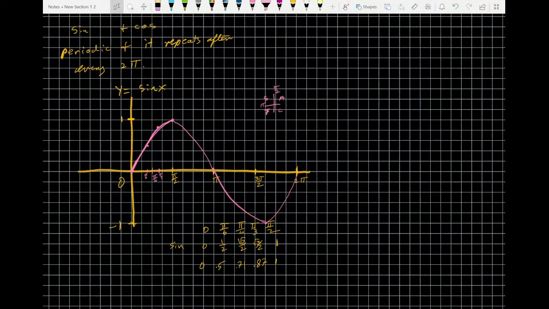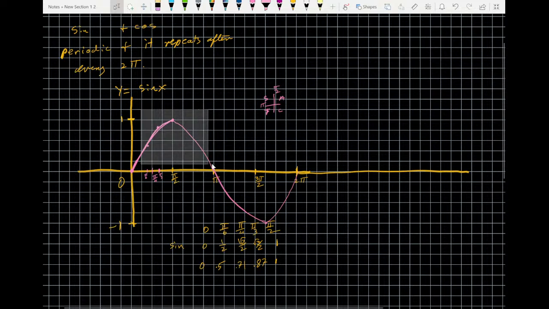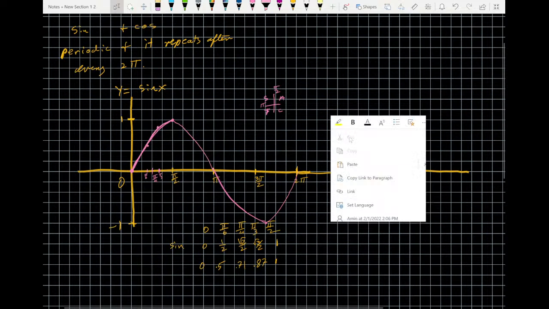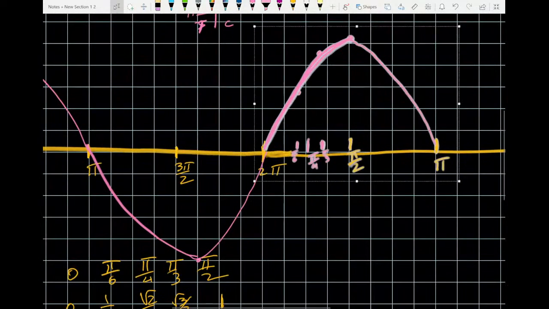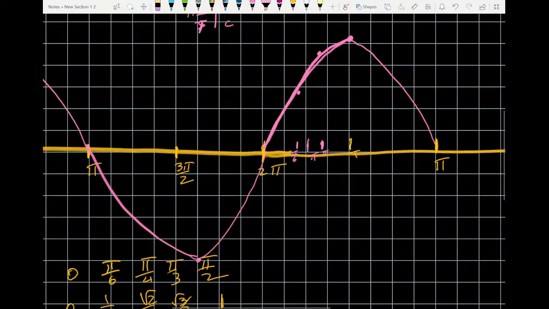And if you continue this graph, guess what? You get the same graph over here again. Let me erase all this useless information.